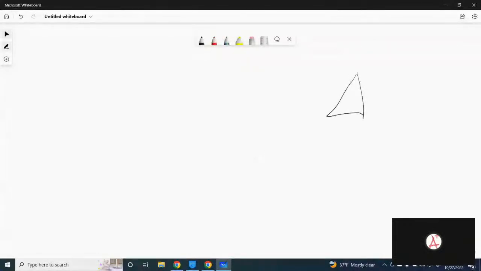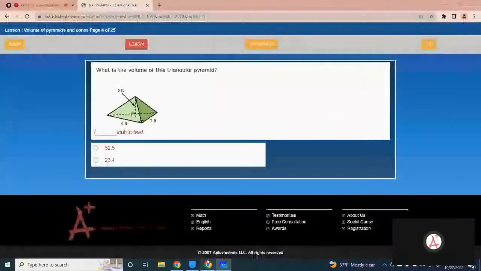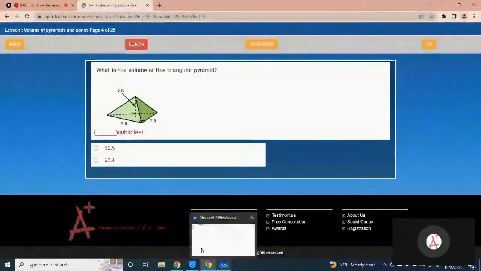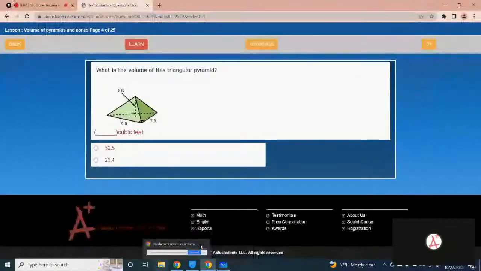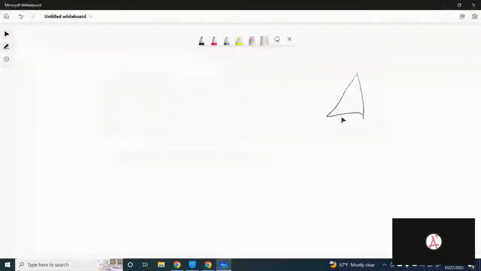The measurements are 9 and 7. This is 9 and this is 7. So the area of the triangle is always half times base times height. 9 times 7 is 63 and 63 divided by 2 is 31.5. Got it?